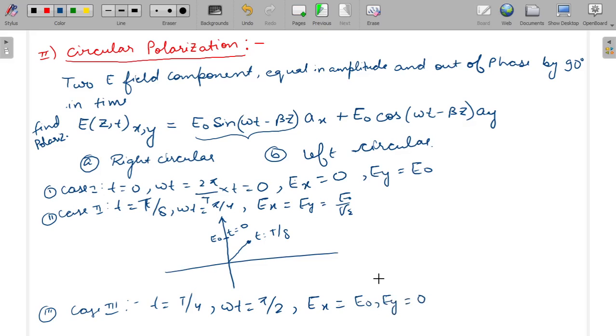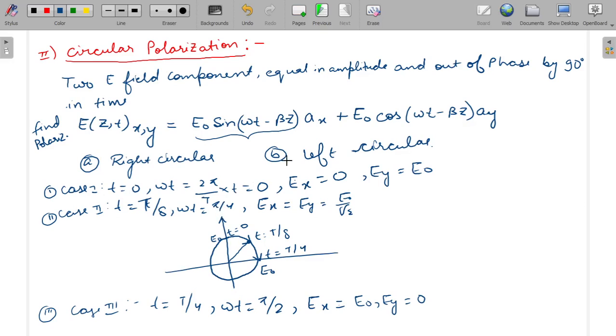If Ey is equal to 0, it means the component along the y axis is 0, so it will lie on the x axis. So this is the point t equal to T by 4, that is E naught. So our curve is going like this. You can take more points to verify.